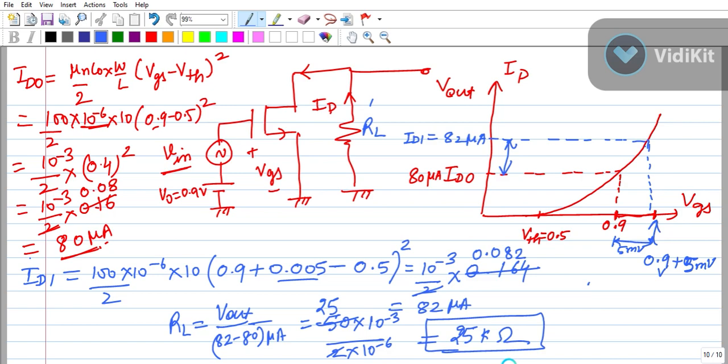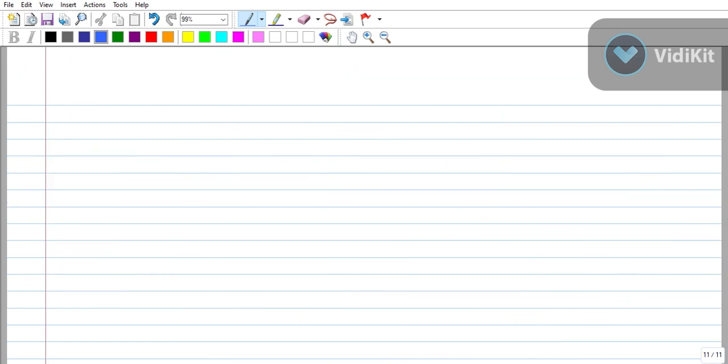Okay, so now let's go to the next page. So that's why the biasing is important. The biasing is used for keeping the MOSFET on. If the MOSFET is off, then it won't be able to amplify the input signal.